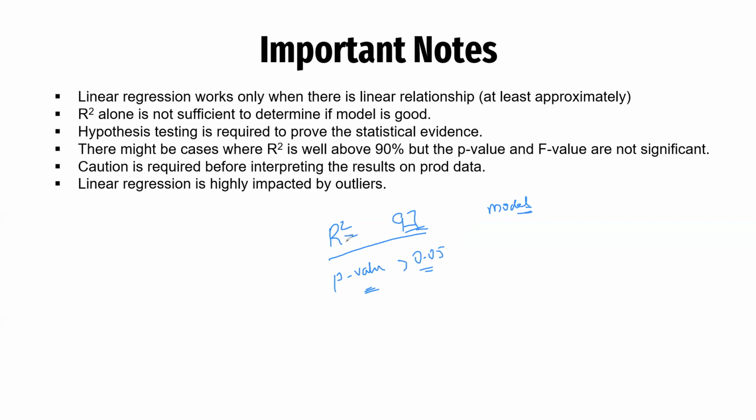So the way you interpret might be confusing, so you will have to be very careful when you're using any model. For that matter, it need not be just linear regression. You can use any model out in the market, but we need to be cautious about what conclusions we are drawing from those numbers.